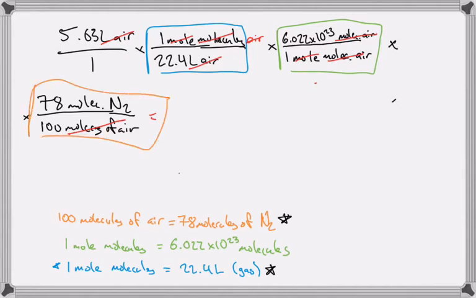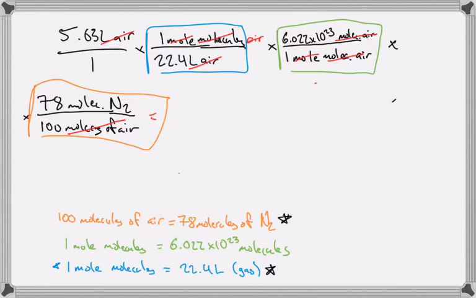So now if we go through this problem and do these calculations, we see that 5.63 will be multiplied by 1 over 22.4 liters. This can be multiplied by Avogadro's number, 6.022 times 10 to the 23rd. It's going to be multiplied by 78 and then divided by 100.